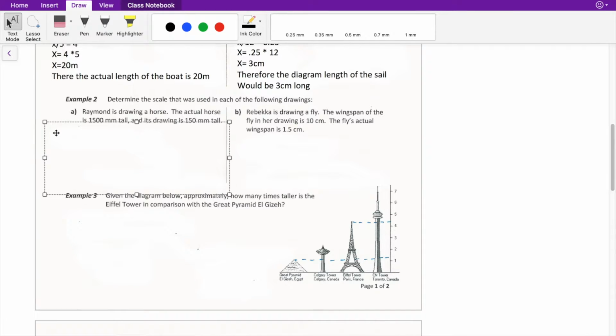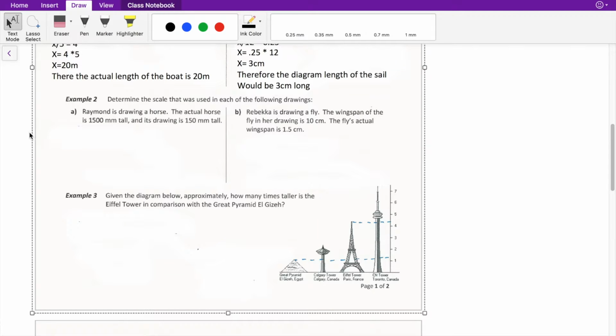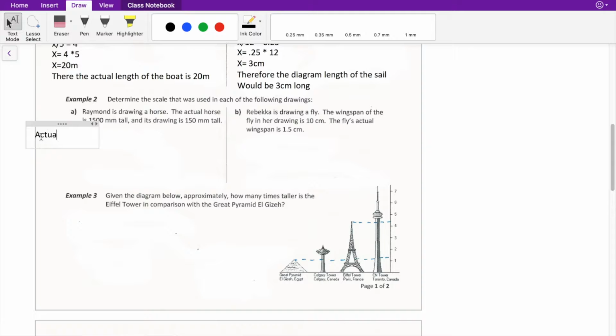So this time we're going to go drawing over actual. Okay. So in this case, the drawing is 150 and the actual is 1,500.